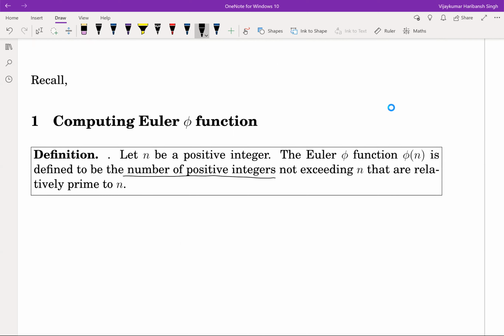If I want to write down phi of n, phi of n is the set of all those x belonging to the natural numbers such that, first of all, x should not exceed n, and x and n are coprime.